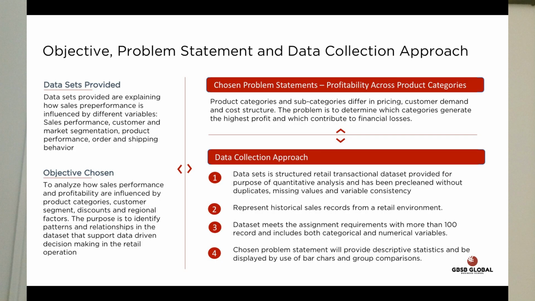So the thing is that I was provided with a set of data by our professor, and the data set contains detailed information on sales, customer segments, product categories, and shipping behavior. The objective of my analysis is to understand how sales performance and profitability differ across product categories.